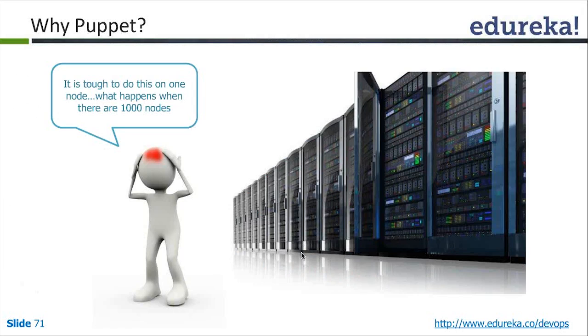So why Puppet? It is tough to do this on one node. What happens when there are 1,000 nodes? It's a simple use case. Today when we talk about thousands of nodes, it doesn't mean that we may have thousands of servers. Sometimes you may have maybe 100 or 200 servers, but you have hundreds and thousands of VMs.